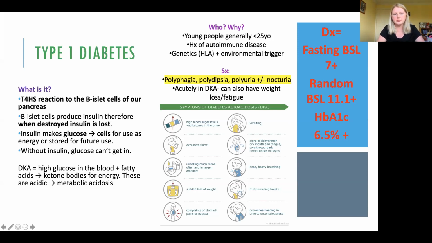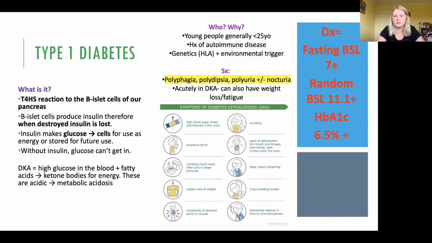So type 1 diabetes is obviously a type 4 hypersensitivity reaction of the immune system to the beta islet cells in our pancreas. And generally people have a good understanding that once we have an autoimmune response, we lose the function of that organ. In this case, that means that we lose the effects of insulin. For this reason, the glucose can't be taken up into cells, and therefore we can't use that energy.